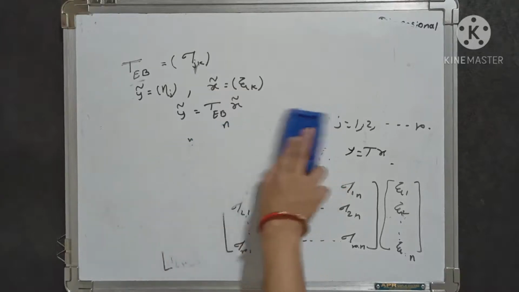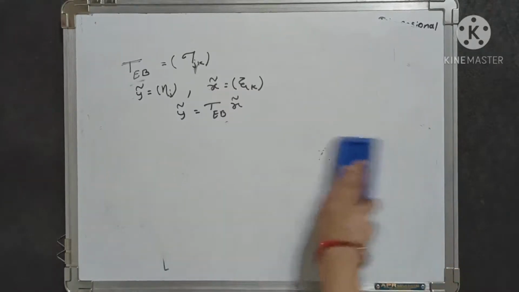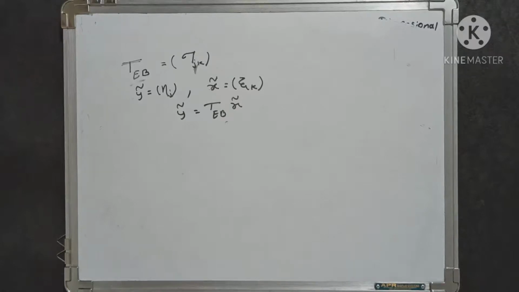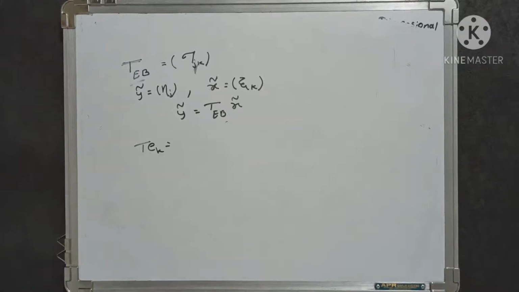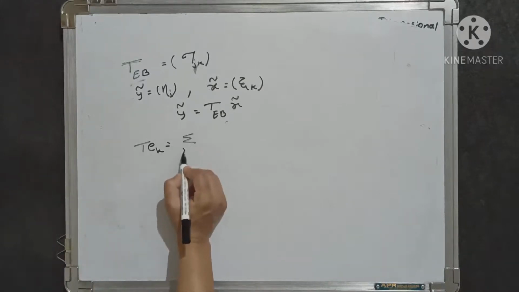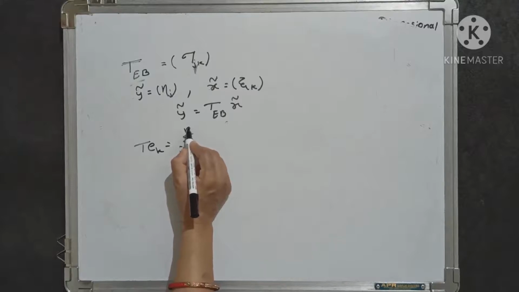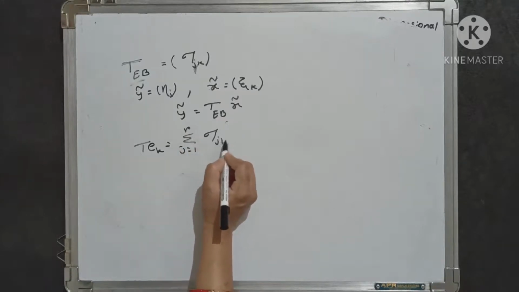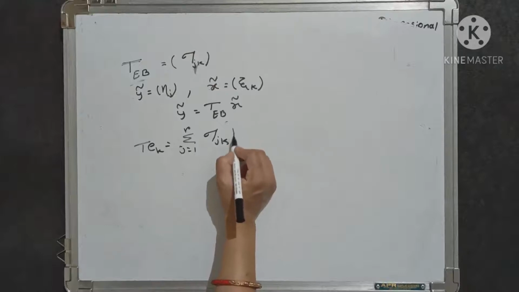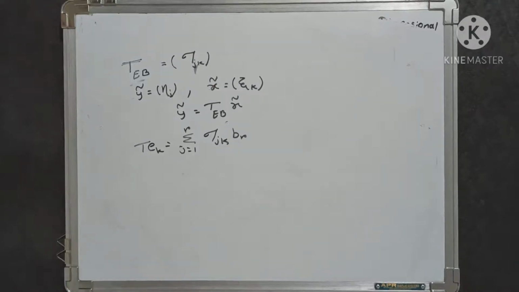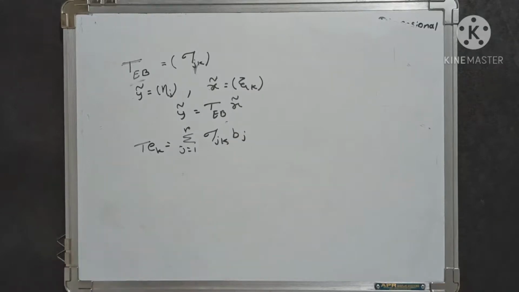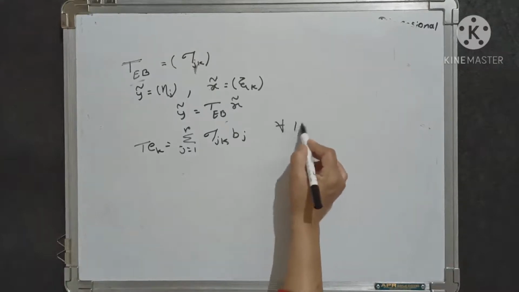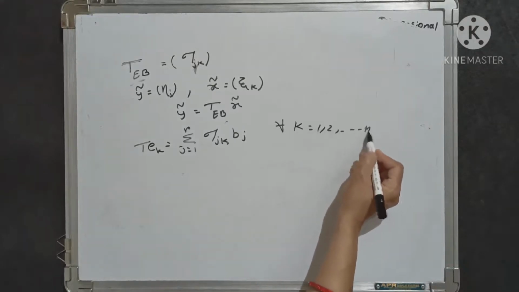Similarly, equation (3b) is T e_k equals the summation j from 1 to r of tau jk b_j. This is true for each k, for all k from 1 up to n.